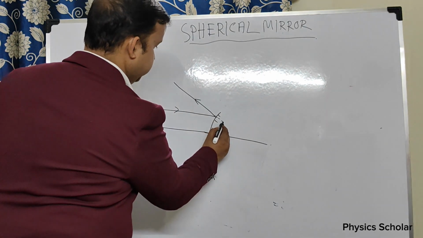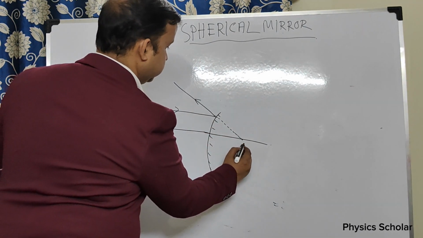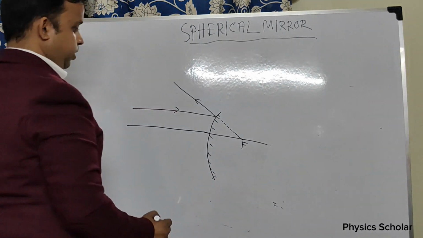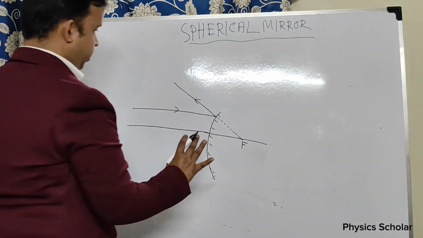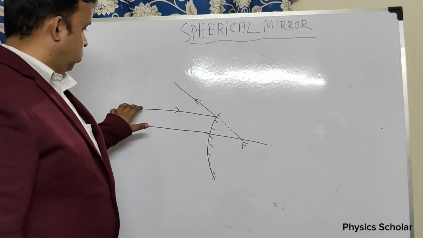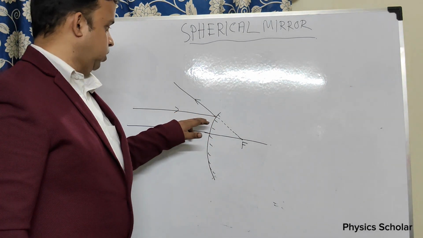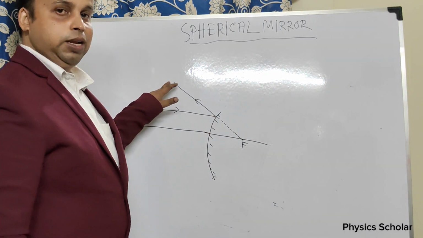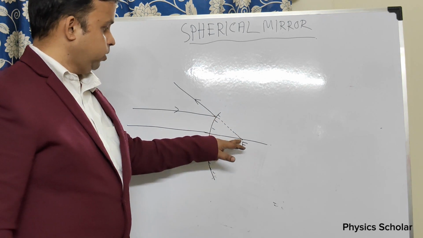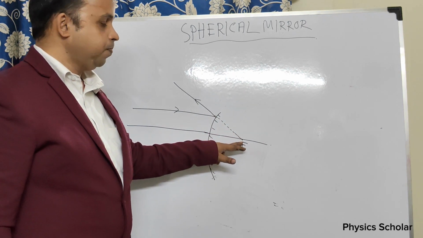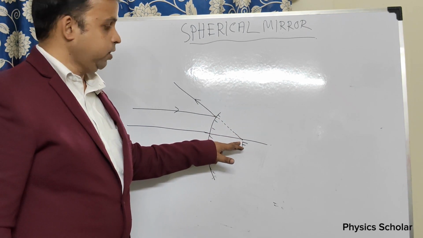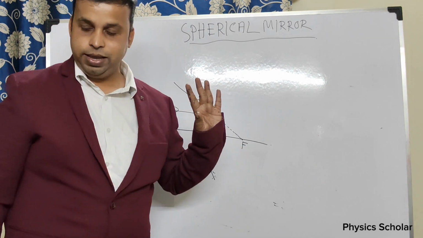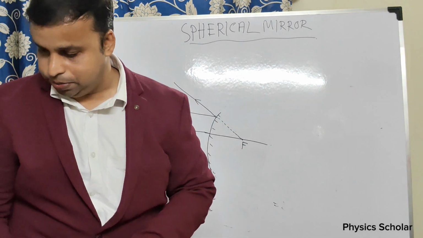Now, if we extend it at the back side, it will meet here. So in case of the convex mirror, this will be the reflected ray, and if we extend it, it will meet at the principal focus on the principal axis. So this will be the ray diagram.